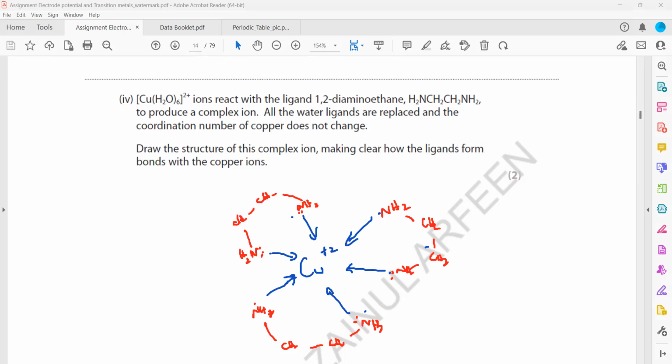An idea: because two of the bonds are into the plane, two are out of the plane, and two are in the same plane, you should represent that as well. If you are drawing an arrow for the dative bond, you can also show that the bonds are in different planes. You can represent some of them by a wedge, some of them by a dash.